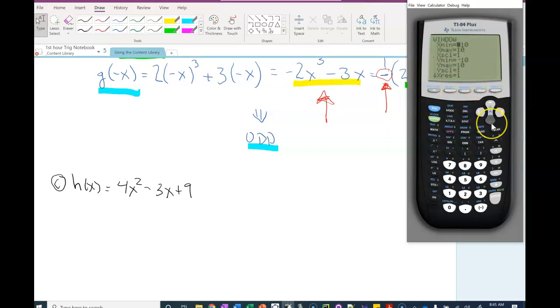So I'm just going to make the graph a little bit taller. Instead of going to a y max of 10, I'll make the y max 50. And actually, let's change that scale too, so it's a little bit less of a block there.